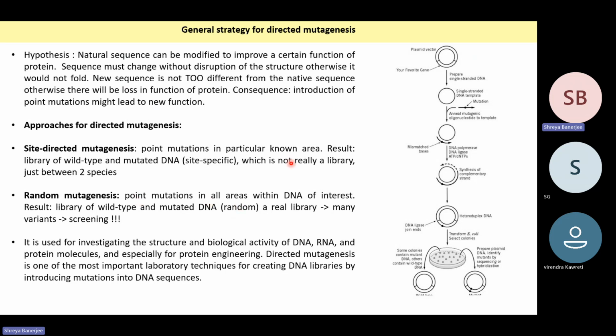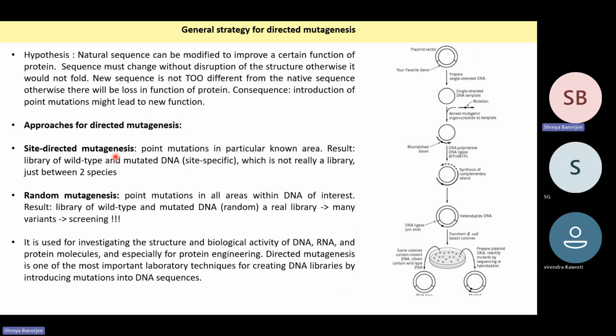And then these DNA will be put into plasmids, and recombinant DNA will be there, and the protein corresponding to those DNA will be expressed. So we will get an entire library of wild type protein as well as mutated proteins, and these can be used to check the biological activity.